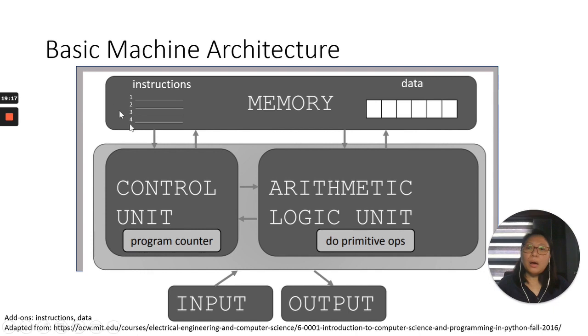Depending on the answer to that test, whether it's true or false, the control unit may go to the next instruction in the sequence, or it may go back to a previous instruction and do it again. So even at this level, there is a flow of control, and the control unit handles that.